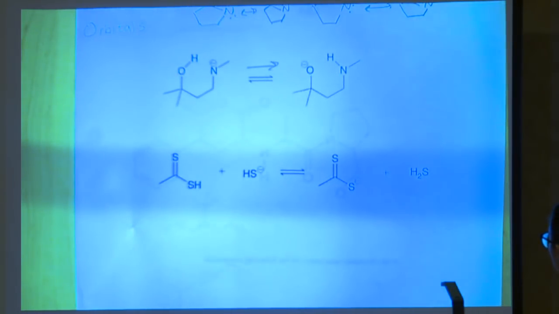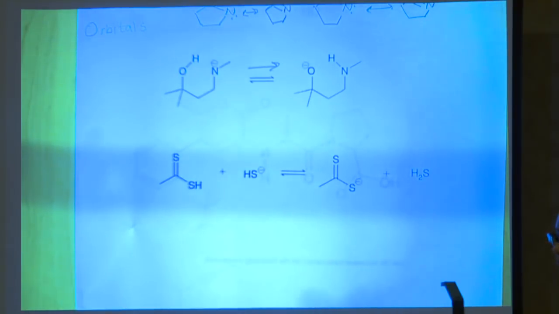And finally, this one here. Are we looking at the atom? No, why not? Same atom, good. Okay.